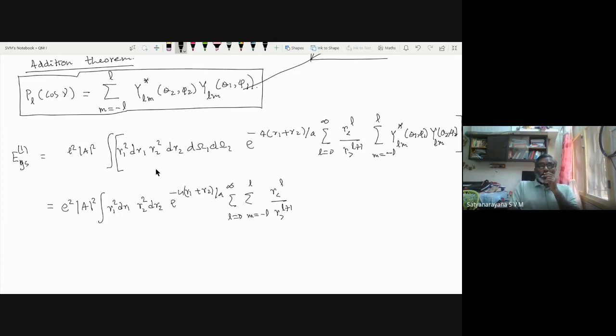Now I am going to write integral d omega 1 into YLM star of theta 1 phi 1 into integral d omega 2 into YLM of theta 2 phi 2.